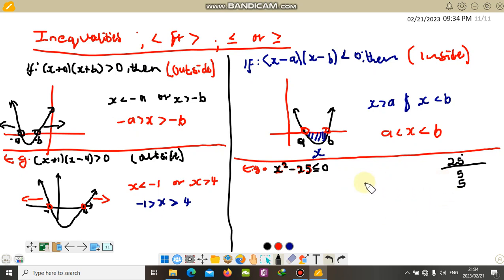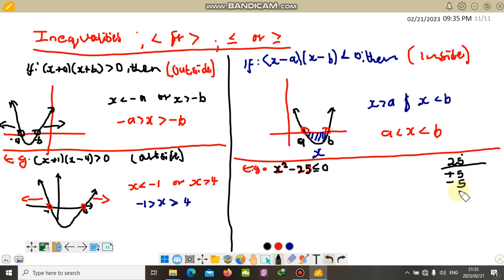We do not have b, so we don't have that approach of saying the bigger value takes the sign of the middle term. These values are the same number, they are equal. And c is negative, and we know when c is negative, the factors carry different signs, one positive and one negative.